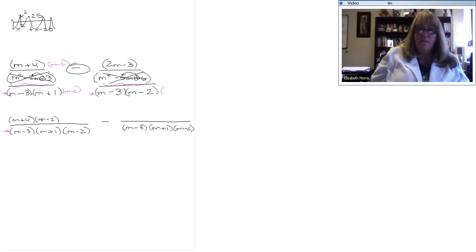Well, it's missing the m plus 1. And whatever we do to the bottom, we do to the top. Okay, so we now have 2m minus 3 times m plus 1.